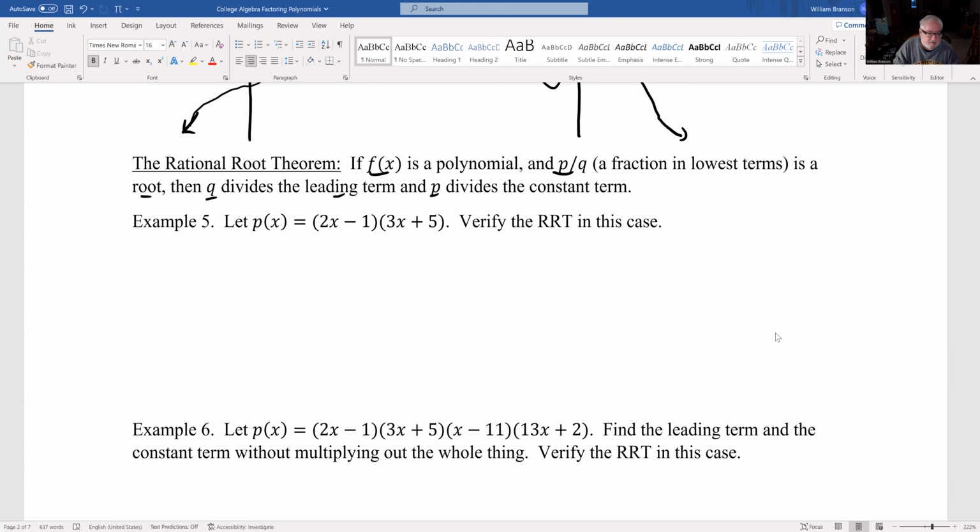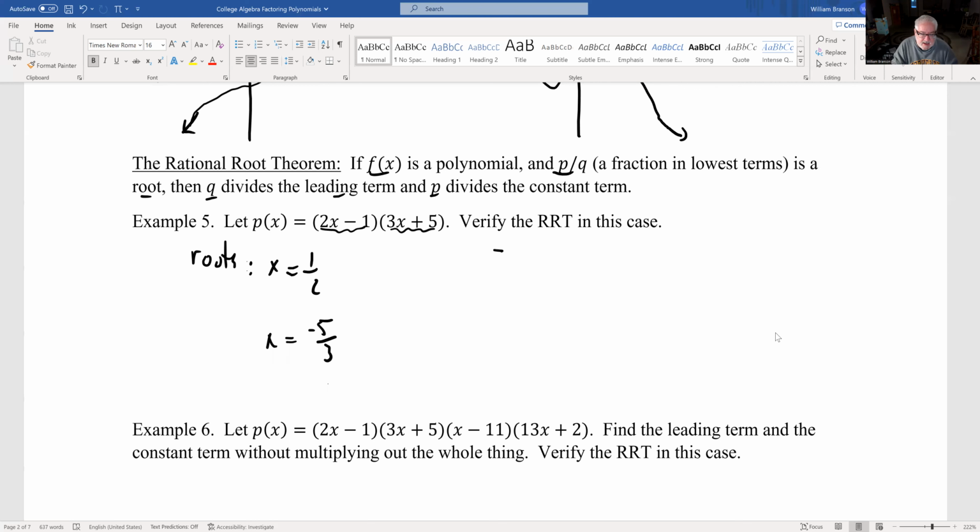So here, let's note that the roots are x equals 1/2 and x equals minus 5/3, right? So we set this equal to 0, and that gives us x equals 1/2. Set this equal to 0, and that gives you x equals minus 5/3.